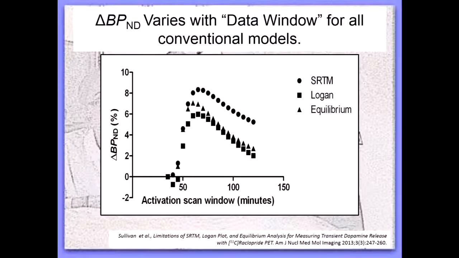And this susceptibility, this inadequacy, this weakness in all the kinetic models is consistent across all of them that are using binding potential as an outcome measure. They're all highly sensitive to the data window that you choose if there's something special in your signal which is caused by nicotine and not by amphetamine.